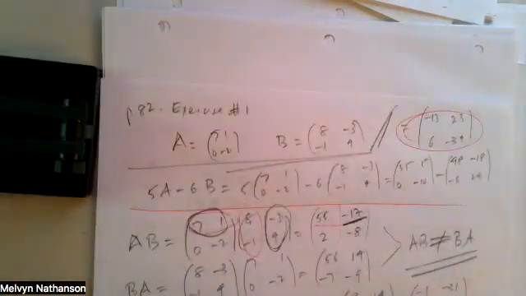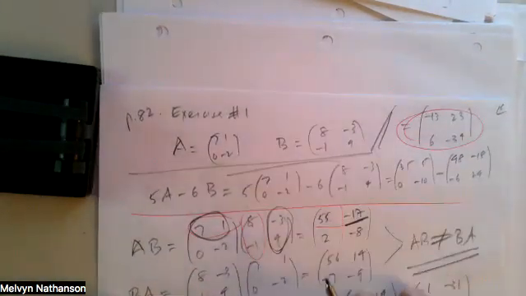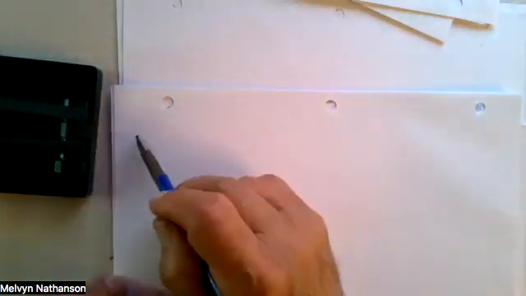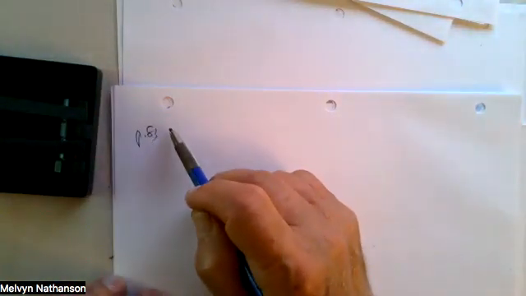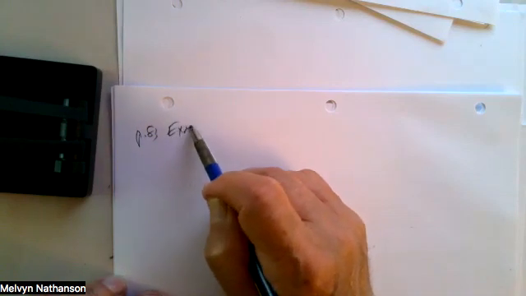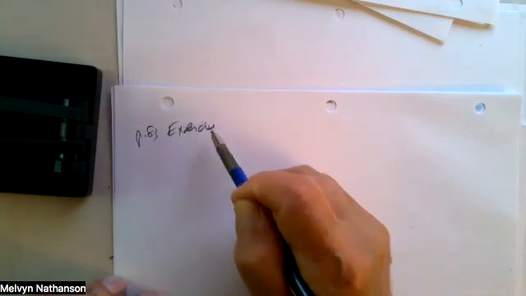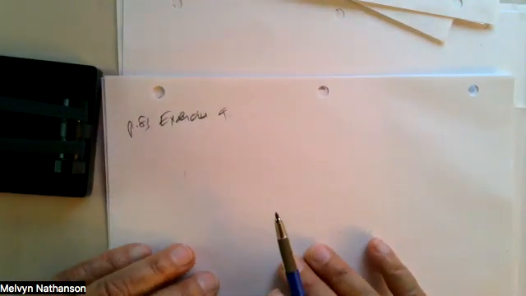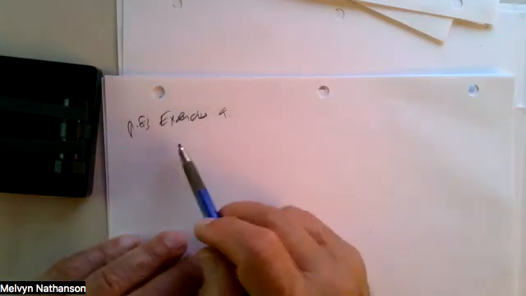We're up to page 7. Okay, so this is on page 83, exercise 4. There's just a lot of calculation here. I have 3 matrices.